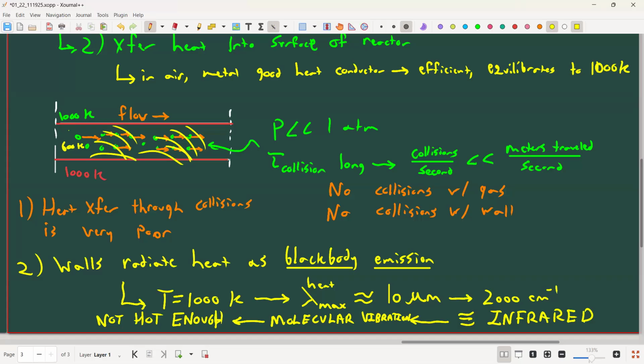Because what happens is if you take this pressure to 1 atmosphere and you do this experiment, it works fine, because the gas is colliding with the walls. It can transfer that heat, right? Things with air pressure can transfer that heat effectively. So a flow at 1 atmosphere has no problem reacting, but a flow at, say, a microatmosphere or a milliatmosphere has a much harder time reacting. So let's see if we can understand the kinetics of that. And Lindemann and Hinshelwood's mechanism for this is beautiful and simple.